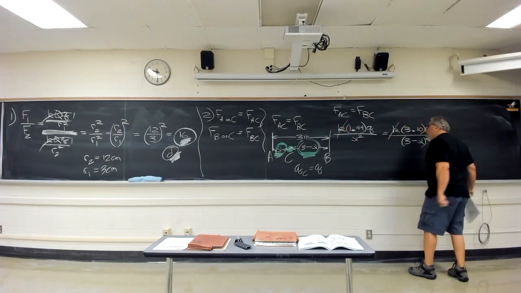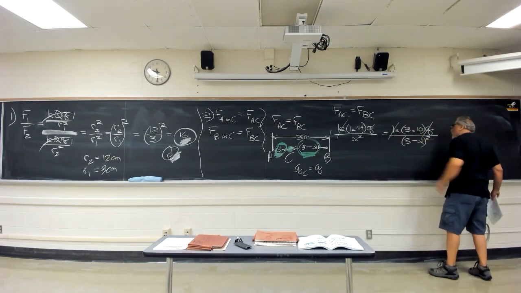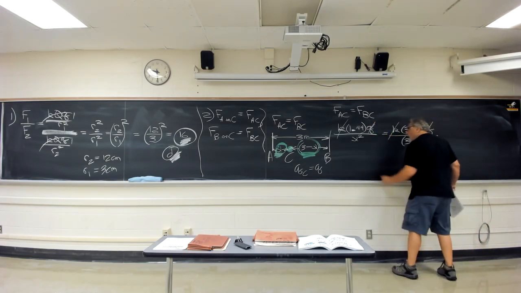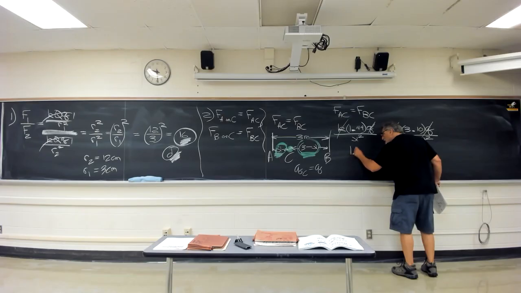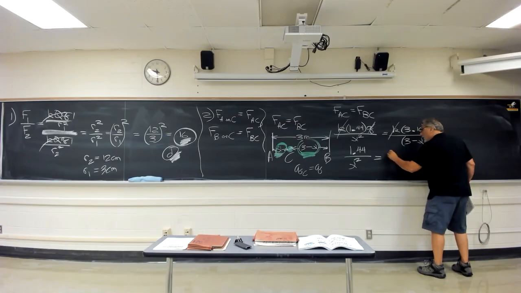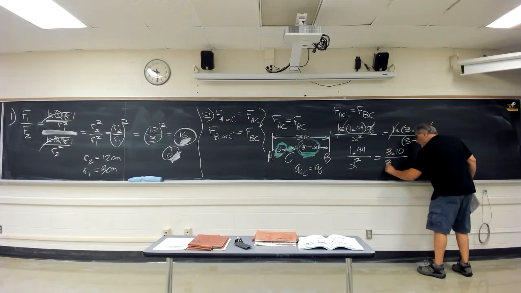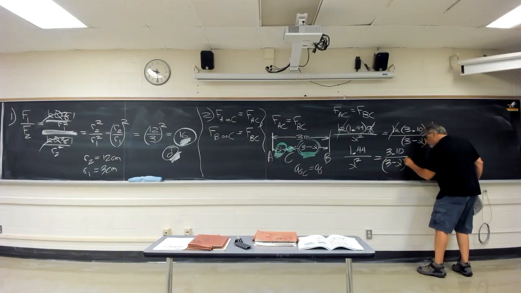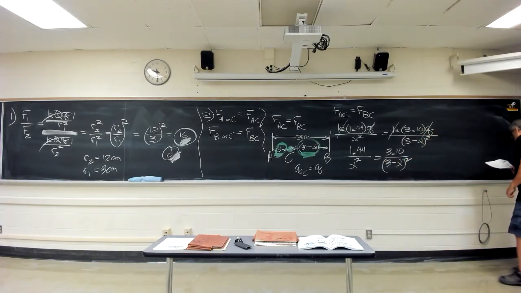K and K cancel. Q and Q cancel. And we end up getting 1.44 over x squared equals 3.10 over the quantity 3 minus x squared. And that's a big thing.